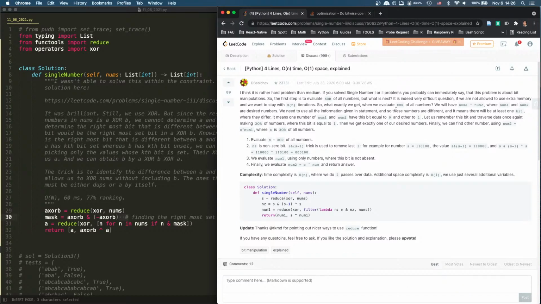With exclusive OR, we are able to check the difference between two values, and from that difference we can split the array into two parts. One is where the rightmost set bit is 1, and the other where it is 0. Then within each, we can do exclusive OR to obtain the single value, and then the other one. Beautiful solution.